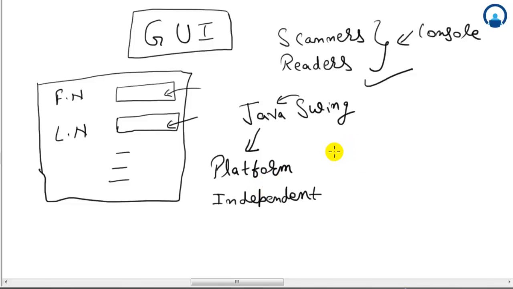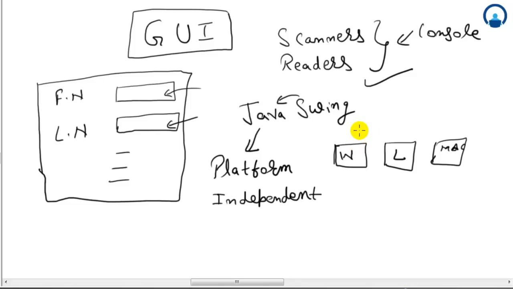For some users who don't know this, I'll just tell you. Suppose you have written some kind of utility, and we have various types of operating systems: we have Windows, we have Linux, we have Mac OS X. The advantage of Java is that Java is platform independent.